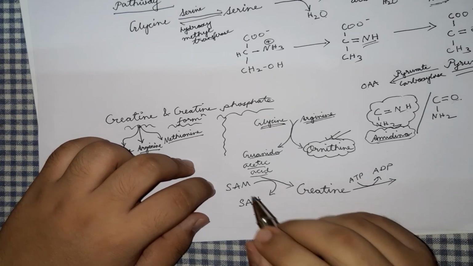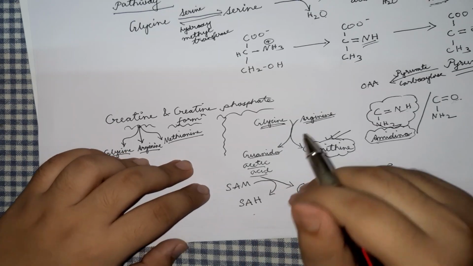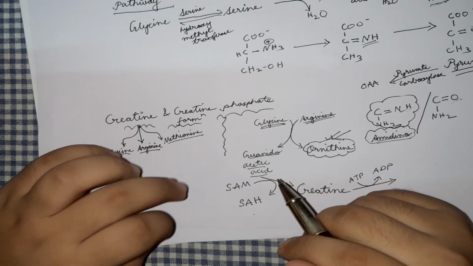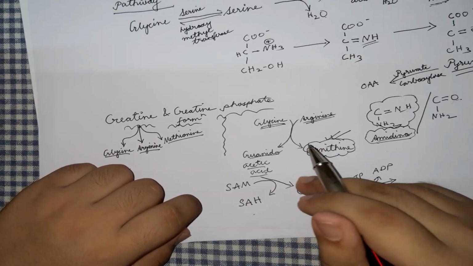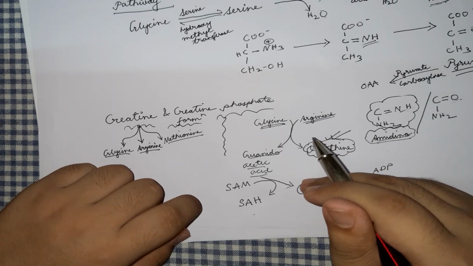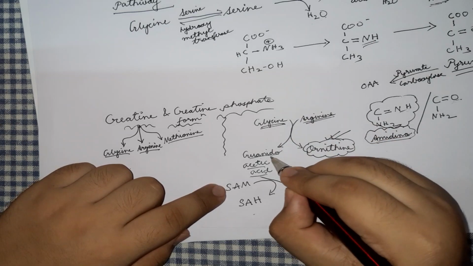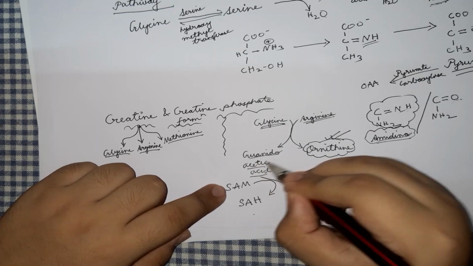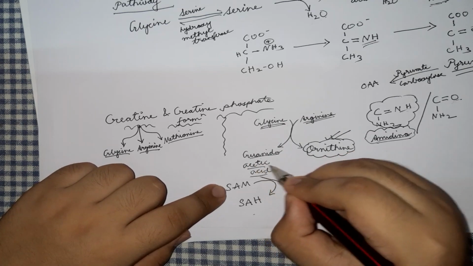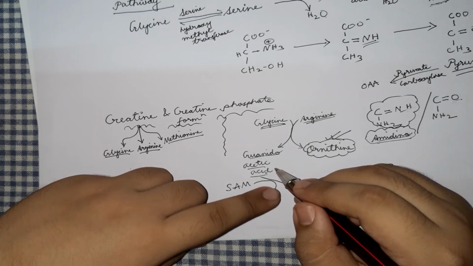And by the way, I actually forgot to mention the name of the enzyme here. So what will the name of the enzyme be? You're actually transferring something, so it will be a transferase, right? So the name will be acetic acid, you can abbreviate that as acetate. So guanidoacetate, and what are you donating here? Methyl.